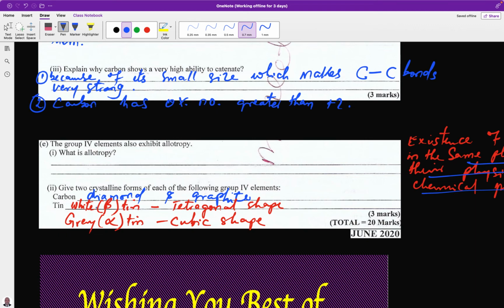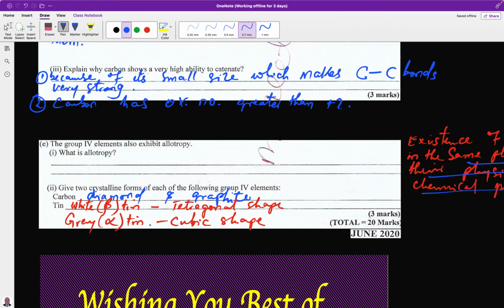Another crystalline form of tin is gray or alpha tin. So there is beta tin and there is alpha tin. You can say there is white tin and there is gray tin. So these are crystalline forms of tin.